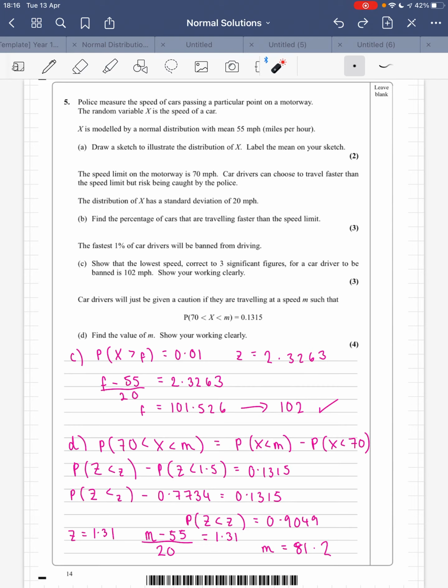If you can spot that a bit quicker without having to go back to the actual distribution and look at the symmetry and work it out the long way, then it all becomes a lot easier. And that only comes with practice, which I know is the boring teacher answer, but it is very true. The more you practice this, the more you'll pick up those little points and just remember to do them, rather than having to really think about where it comes from.